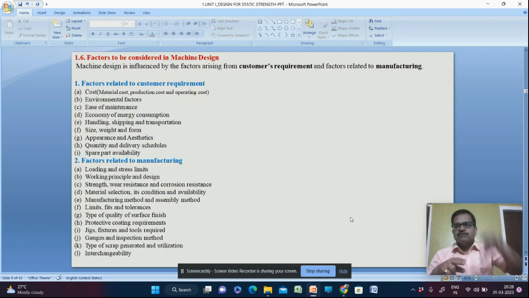So when the minimum size of the hole is smaller than the maximum size of the shaft, as well as the maximum size of the hole is lesser than the minimum size of the shaft, that means the shaft is having minimum dimension and the hole is having maximum dimension. In this case also, the maximum size of the hole is smaller than the minimum size of the shaft. This condition results in interference. Always there will be interference.